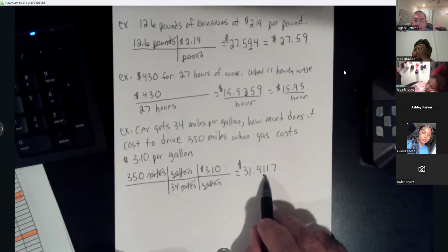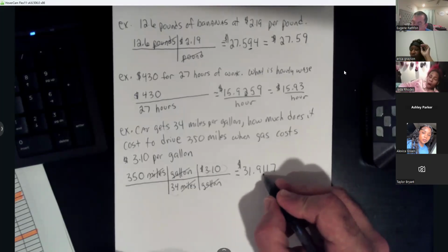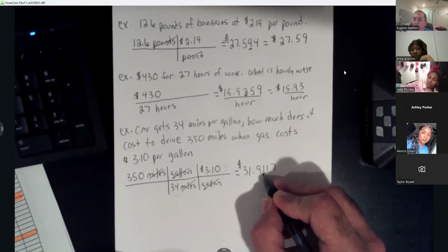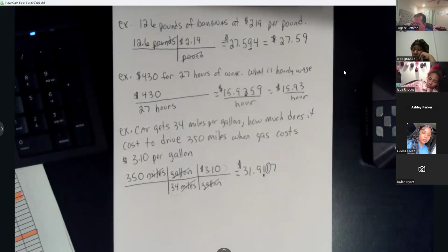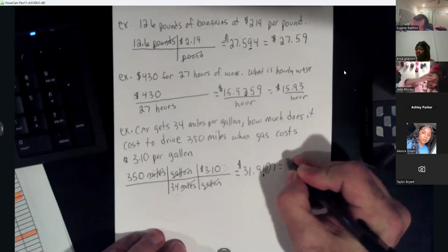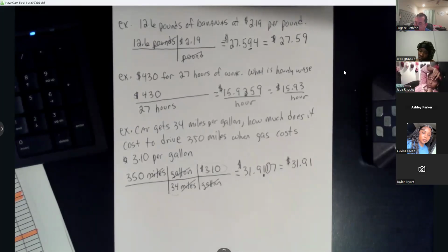So that 1 behind the 9. Am I going to keep that a 1 or am I going to change that to a 2? Since I'm looking at the 1, leave it the same, because the number after it was a 1. And that'll be 31.91.